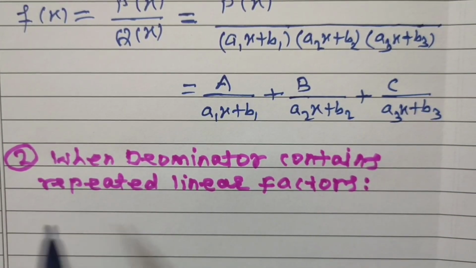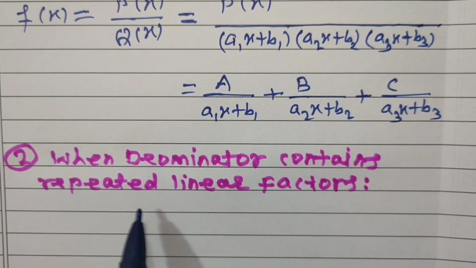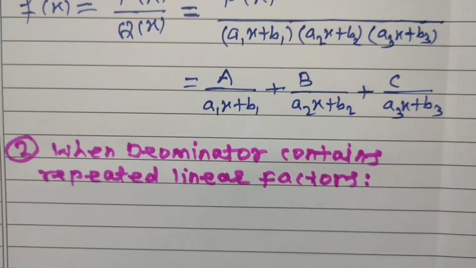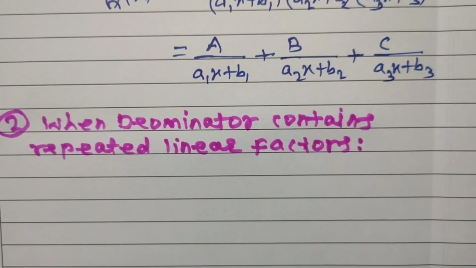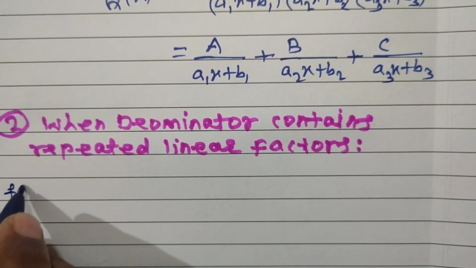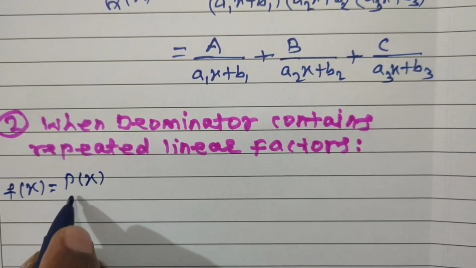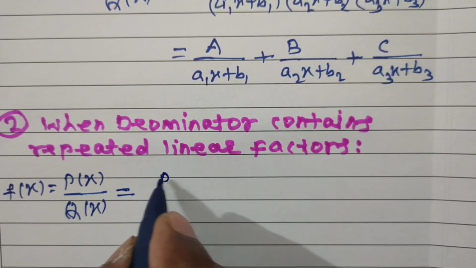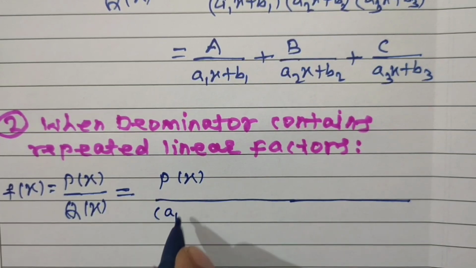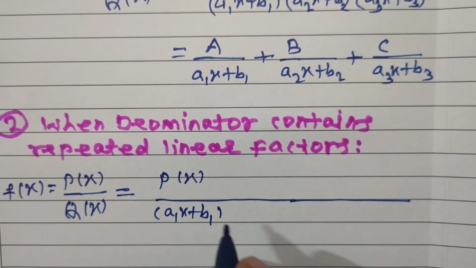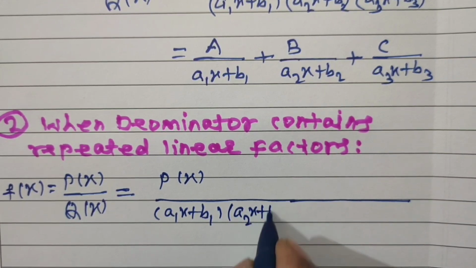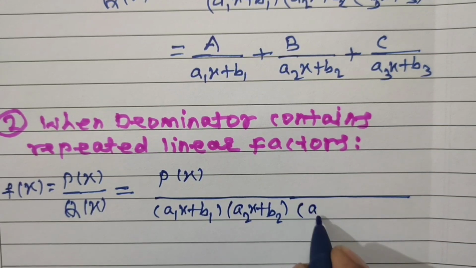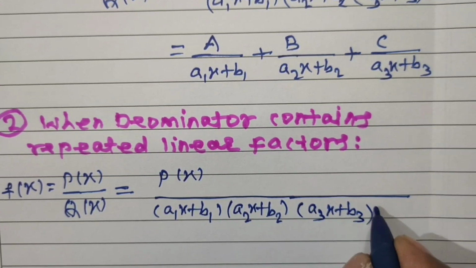Type number 2 is when denominator contains repeated linear factors. Now we are assuming a rational function in which denominator contains repeated linear factors. Let f of x is equal to p of x upon q of x, and it is suppose like this: p of x divided by a1x plus b1, this is a linear factor, a2x plus b2, this is also a linear factor, and suppose a3x plus b3, this is repeated for 3 times.